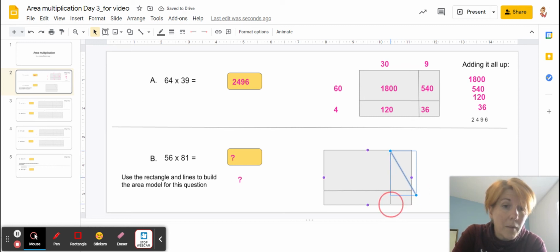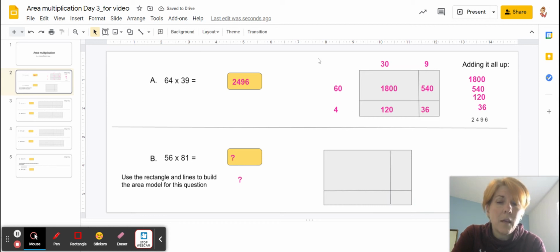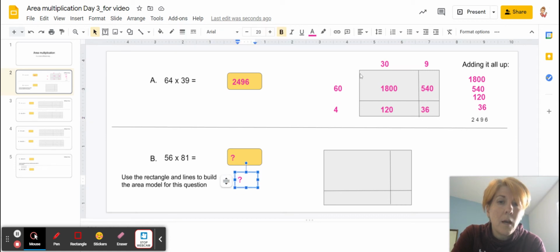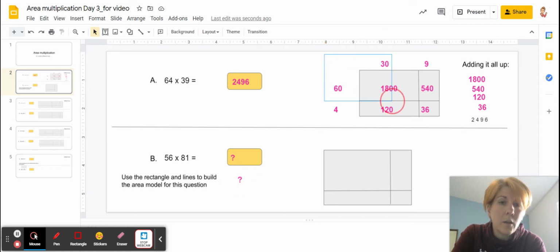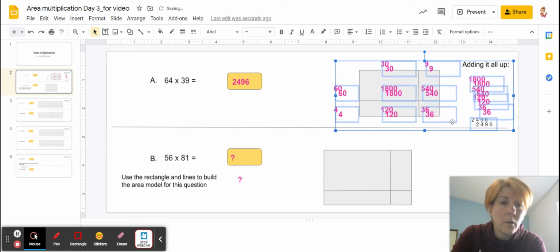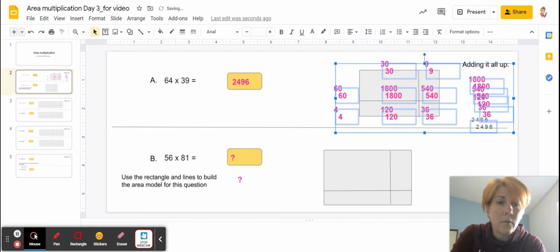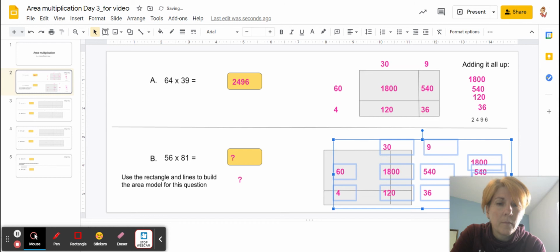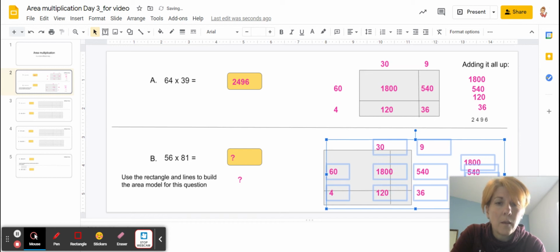Now, what I would recommend at this point to make life easier for yourself is to then, instead of copy and pasting this guy, I would copy all of those guys. You could even do this down here if you wanted. And bring those guys down here. Okay, and then line that up.